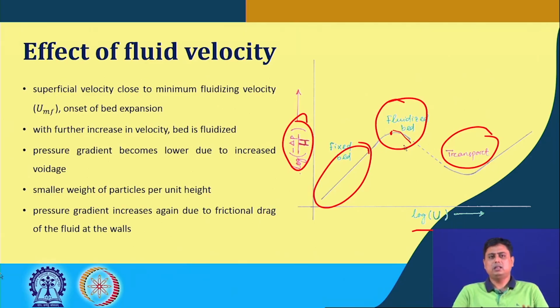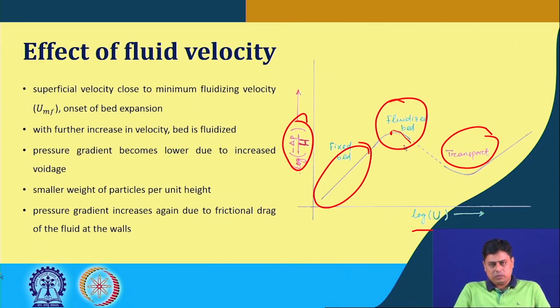The bed now has a smaller weight of particles per unit height. This is the balance we have discussed, between the apparent weight and the pressure gradient. So this is what basically happens during the fluidization.